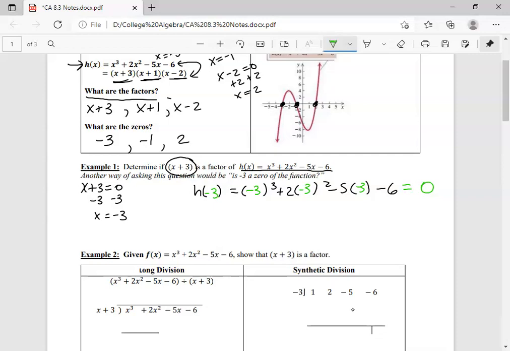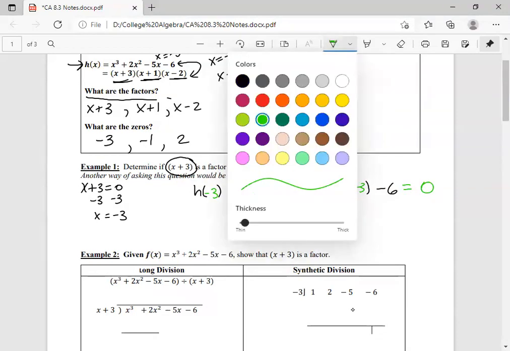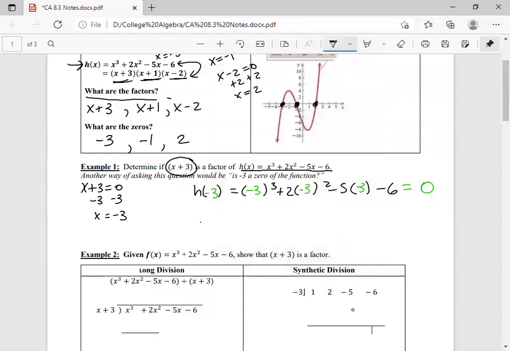So you would go to your calculator and you would type all that stuff in. I'll just write a little bit of the work out for us. But -3 cubed would be -27. This would be 9, so +18 plus 15 minus 6. And all of that stuff does end up being 0.